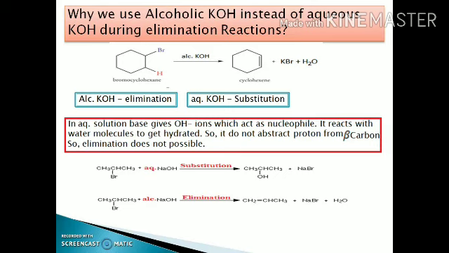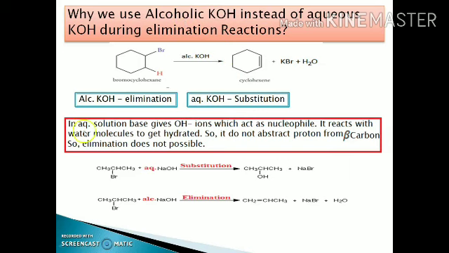The alcoholic solution means the basic solution must be prepared in alcohol as a solvent, while in the aqueous basic solution, the base is dissolved in water. When you treat the aqueous base with the alkyl halide, it leads to substitution reactions, while the alcoholic basic solution leads to elimination reactions.